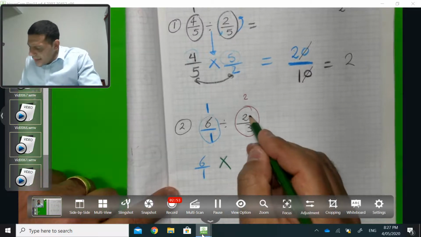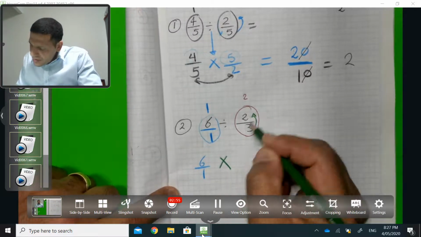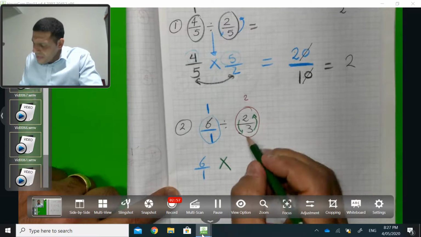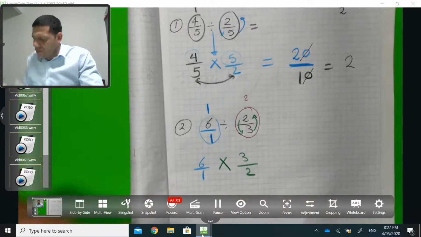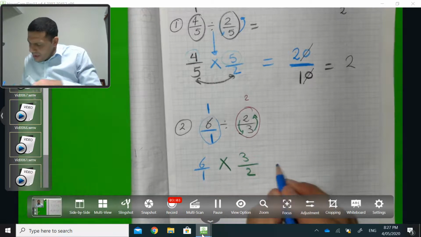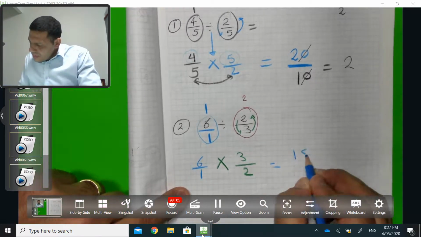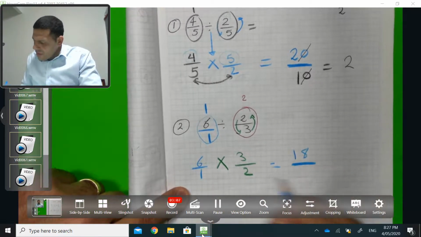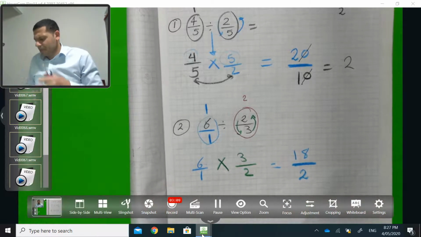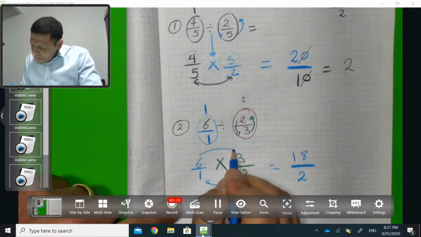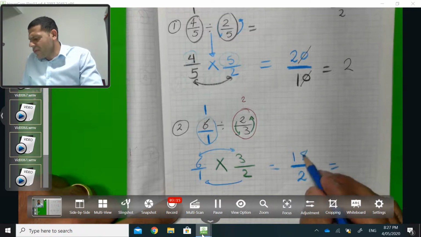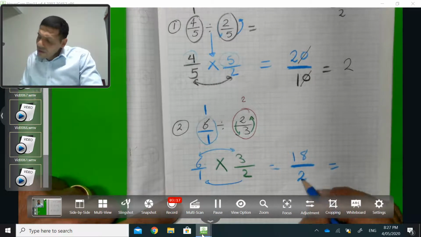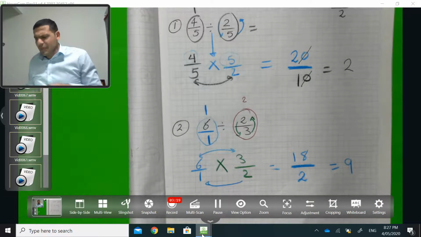And then you get the reciprocal for the second fraction. Instead of writing 2 over 3, you write it as 3 over 2. Then you multiply 6 times 3 is 18 over 1 times 2 is 2. You multiply this together and this together, and then 18 divided by 2, if we can simplify, is 9.